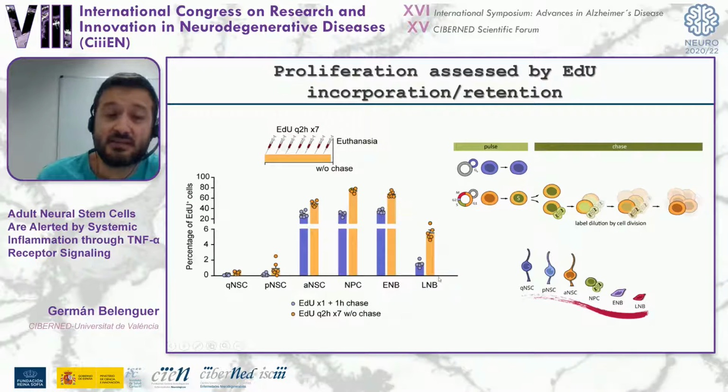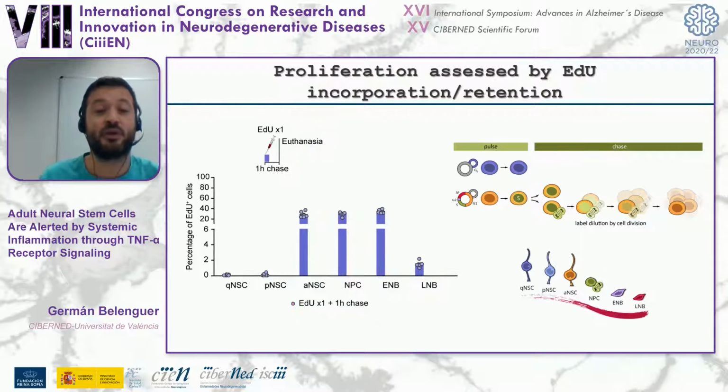If you increase the number of doses of EdU and inject up to 7 times during 12 hours, you can see that a higher proportion of cells incorporated EdU, meaning that other cells enter proliferation as well. But the quiescent fraction still does not incorporate EdU, meaning that they are very reluctant to proliferate, and they are not slow cycling proliferative cells.